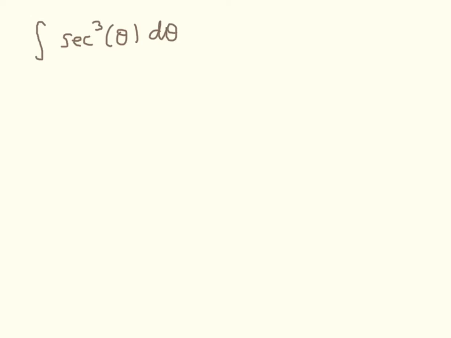So our third integral is the integral of the cube of the secant function. Whenever you see powers of the secant function, two things should be in your mind. One is that the derivative of the tangent function is the square of the secant function, so the integral of sec squared is tangent.